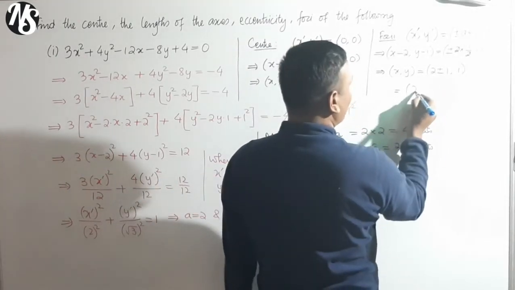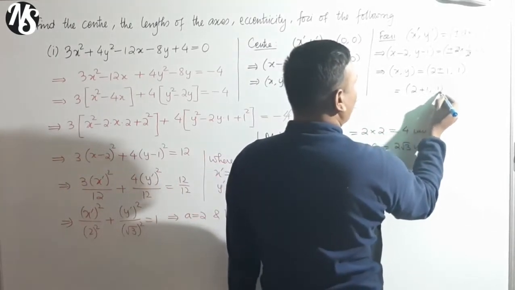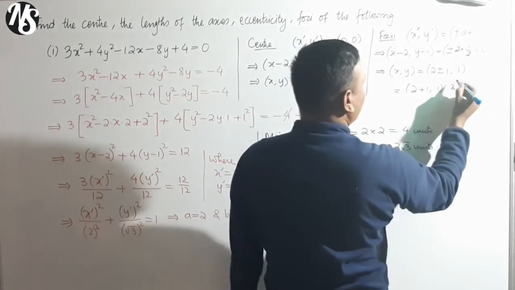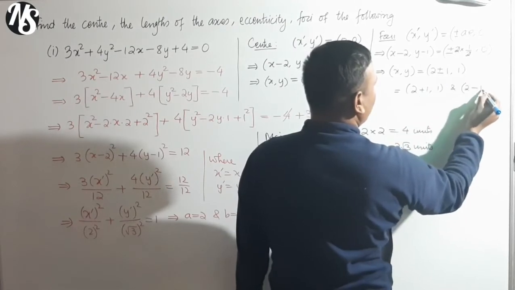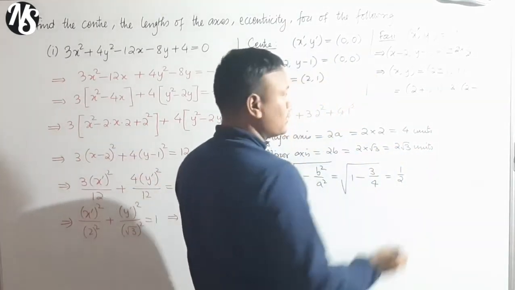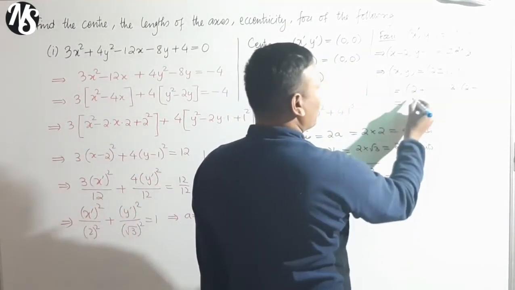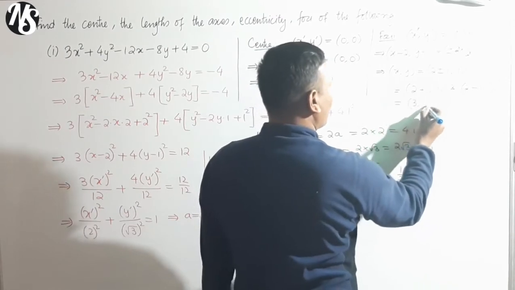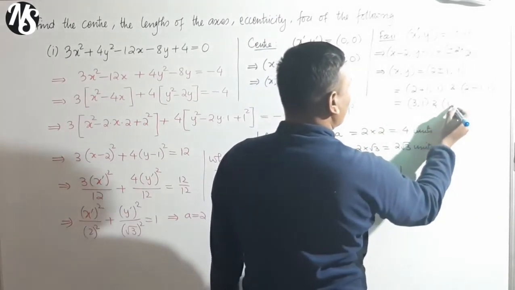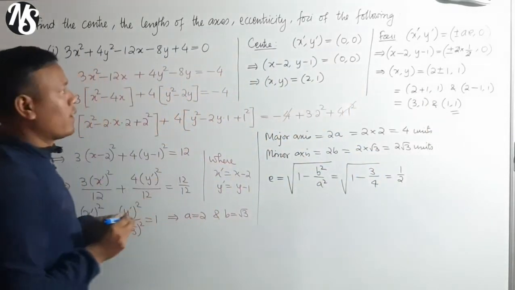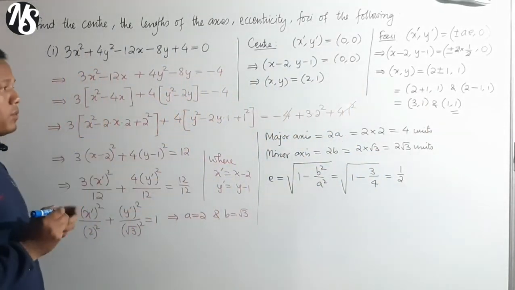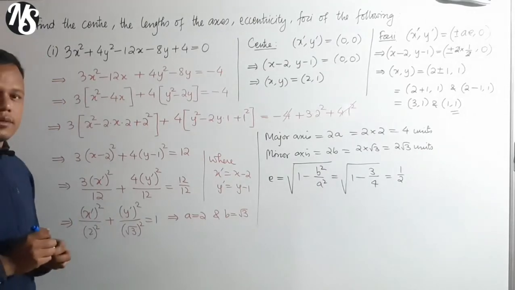We have 2 plus 1 comma 1, and the other one is 2 minus 1 comma 1. So the two foci are 3 comma 1 and 1 comma 1. These are the foci for this particular ellipse. You may pause the video and note it down.